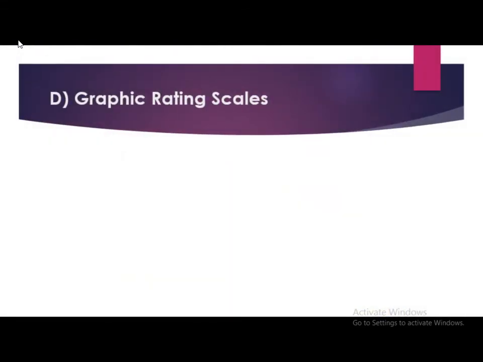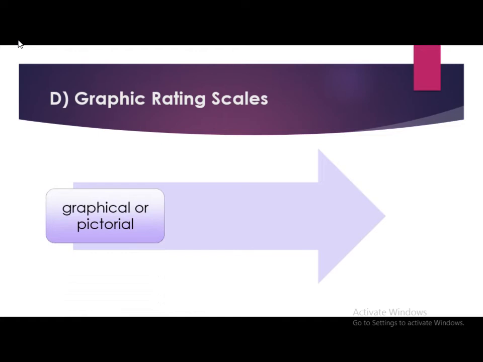Now next is the graphic rating scale. This is very simple. A graphic rating scale is a graphical or pictorial representation of a scale. In this method, traits or dimensions that are important in the data collection are listed out, and each response is rated against these traits.